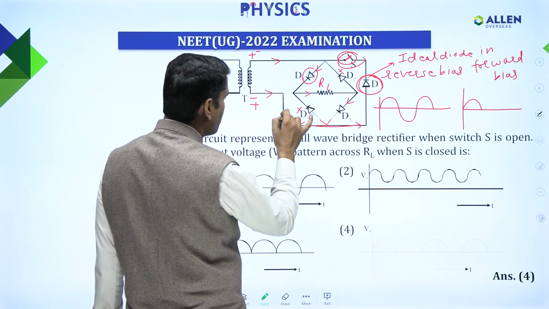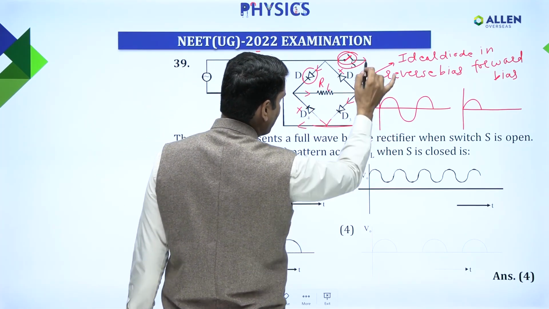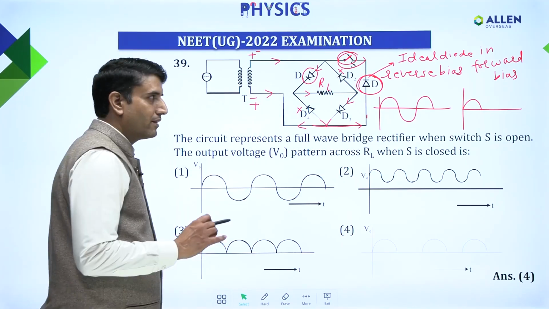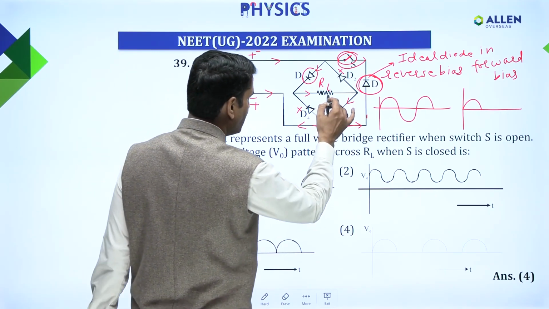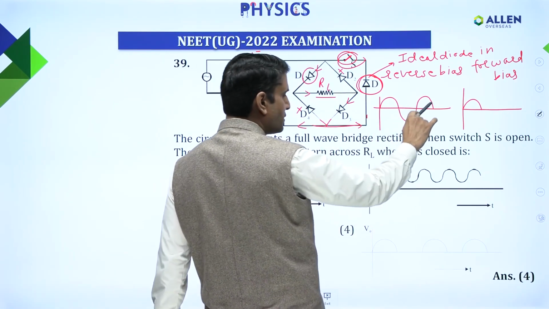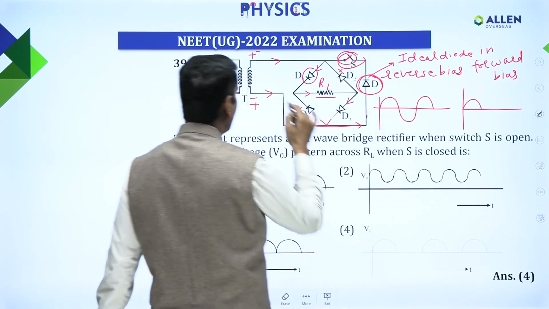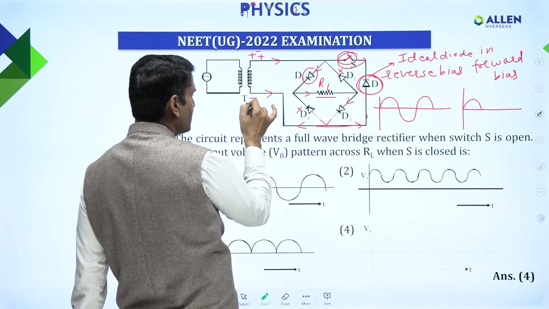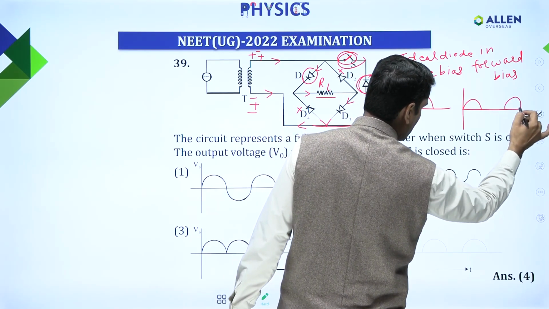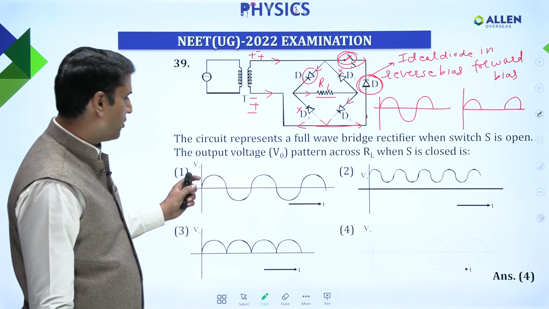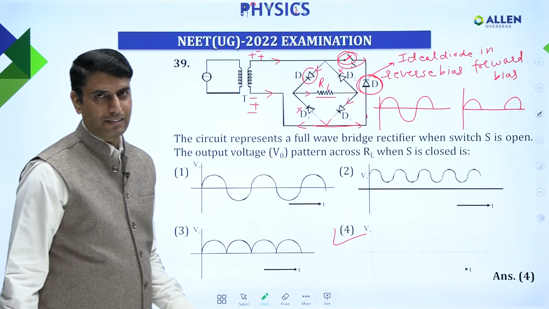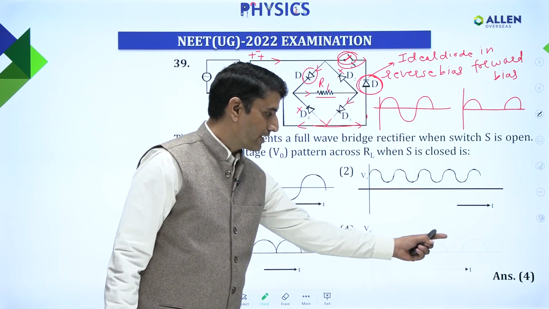It means current will flow in this path and the circuit would be completed. In this case there would not be any output on this RL, so this part would be absent. Again, when this part is positive and this is negative, then this would come as output. So among all these four, the fourth option would be the correct answer. That is the output voltage pattern.